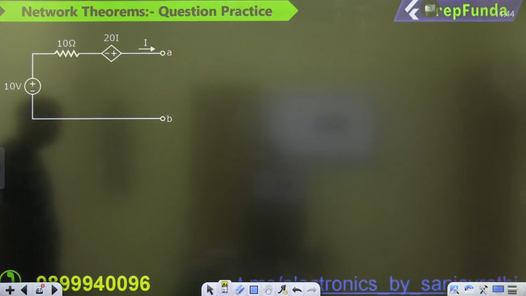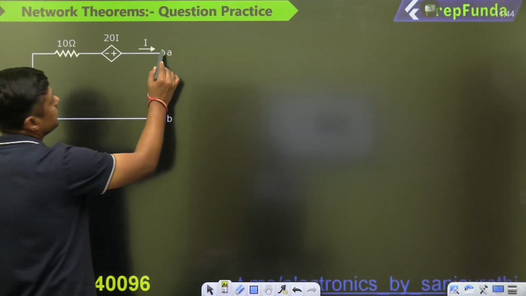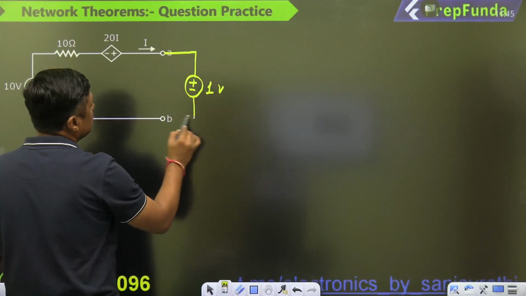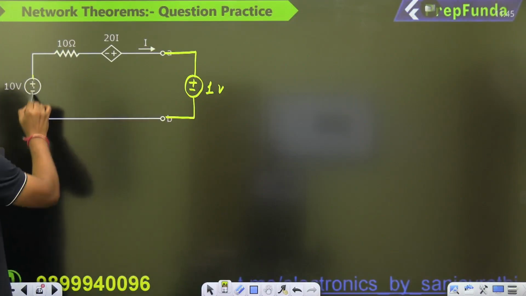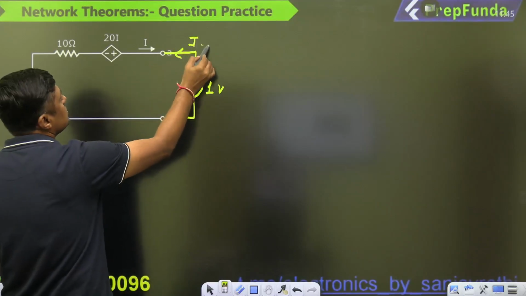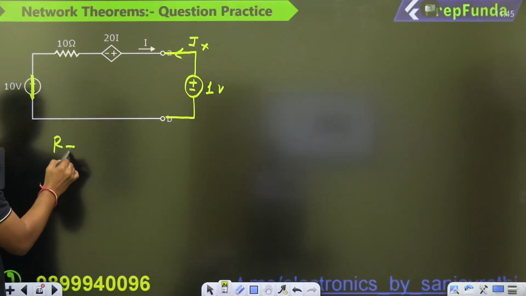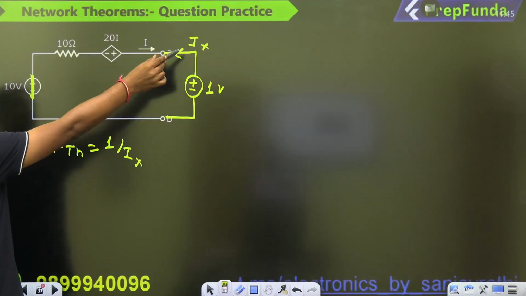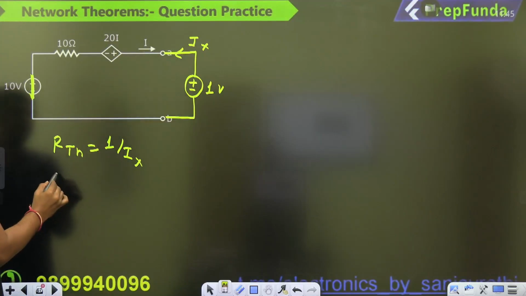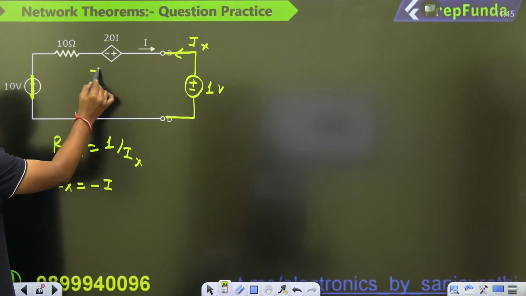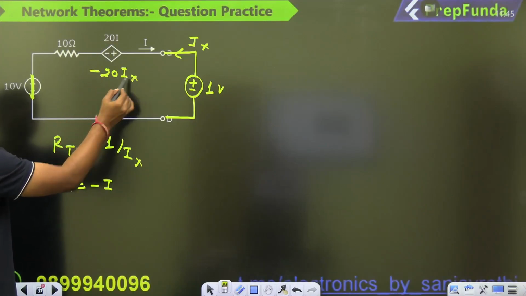If there is any other method to find the RTH, yes. You can connect a 1 volt battery, and let the source be short circuited. Let this current be Ix. So what is the RTH? 1 by Ix. This is the 1 volt battery, and the current given by it is Ix. So what is the relation between I and Ix? Ix is equal to minus I, and that's why 20i will become minus 20 times Ix.